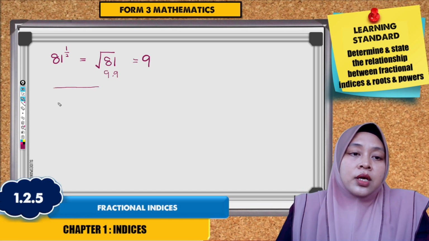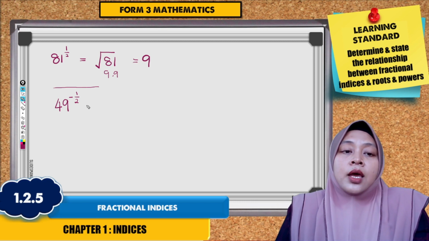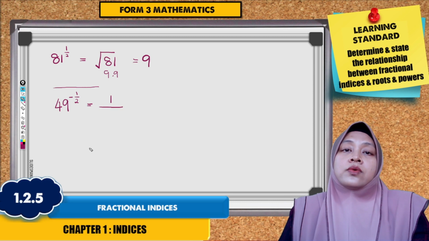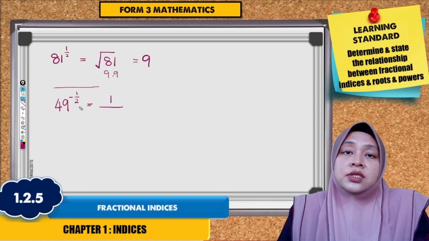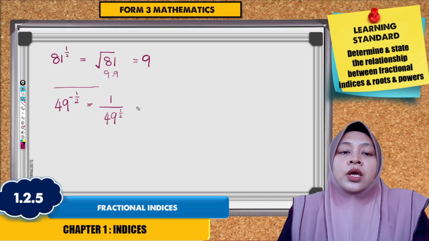The second one: how about 49 to the power of negative 1/2? We have learned before, if you have a negative index, you must put 1 over the base with the index placed here. So 1 over 49 to the power of 1/2.